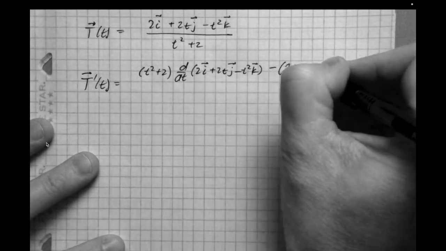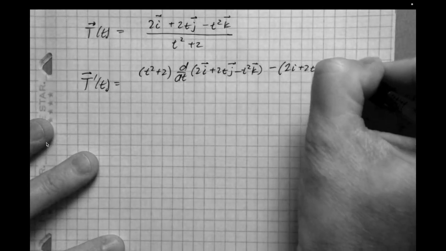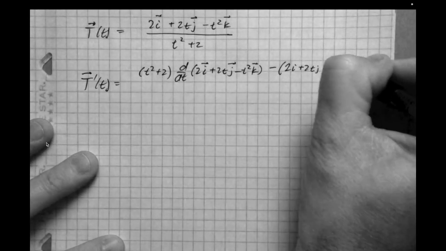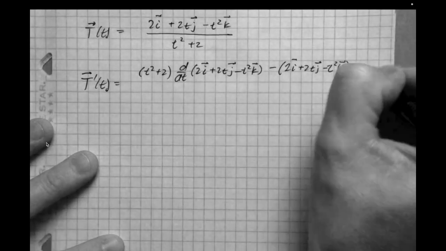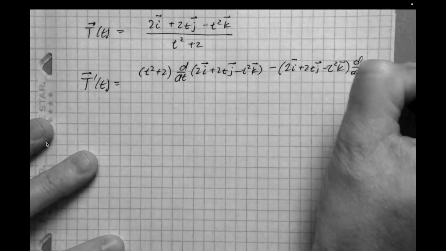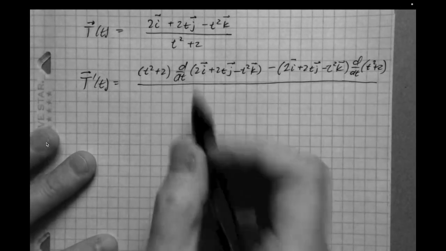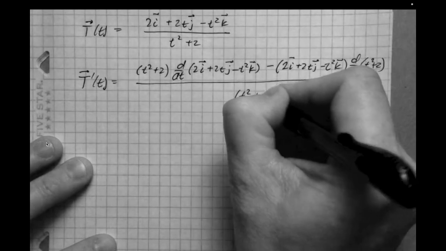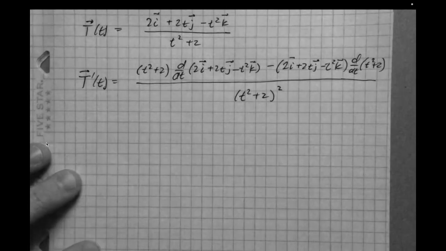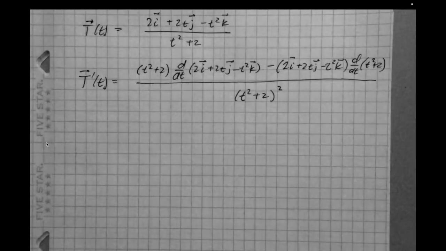So it'll be 2i plus 2tj minus t squared k. Again, this is a vector, times the derivative of the bottom. And then the whole thing is divided by the denominator squared, like so. Okay, so that's the setup.